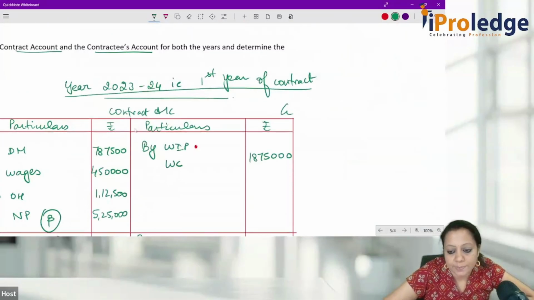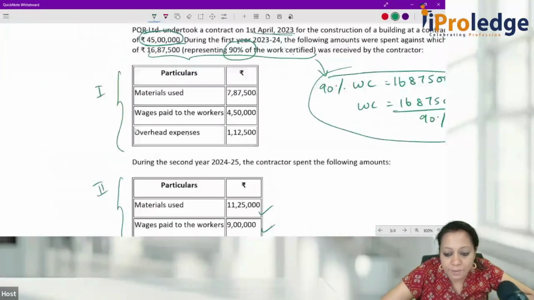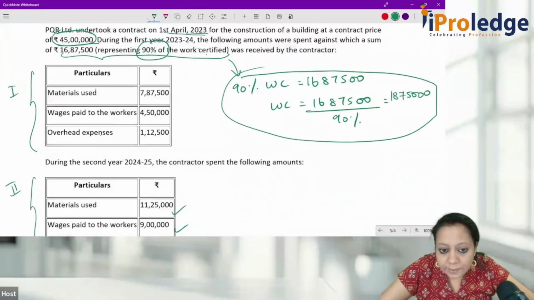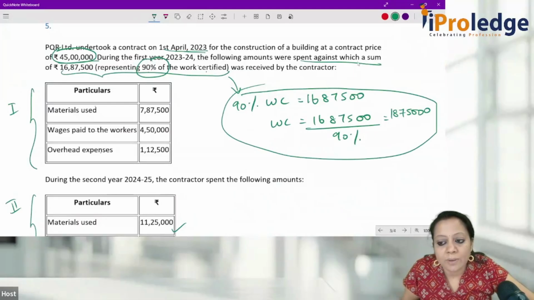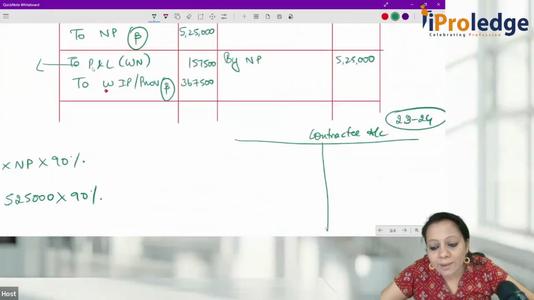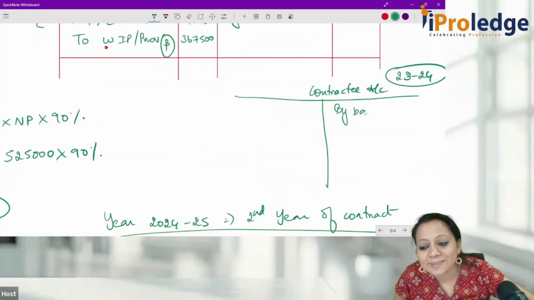Now I'll tell you how we need to choose this. This is the amount that is spent, that is 16 lakh 87,500. That means it is received by the contractee. So can I say by bank 16 lakh 87,500?